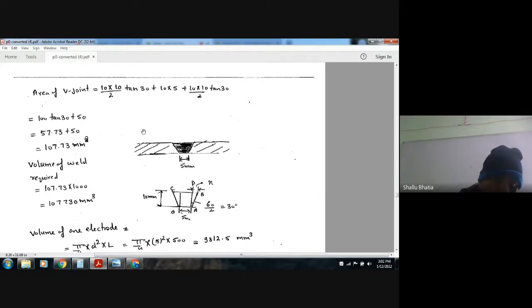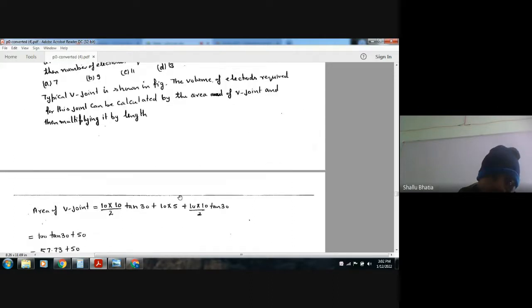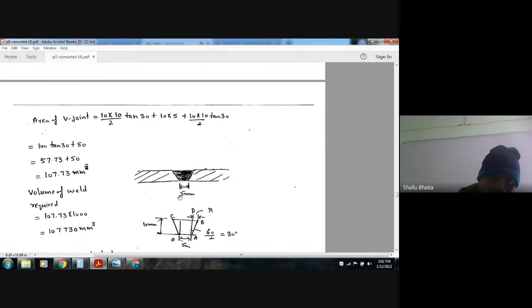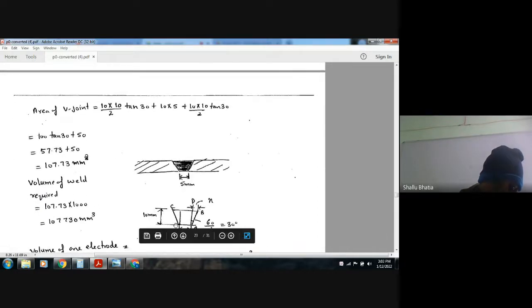This vertical dimension is 10, and as this angle is 30 degree, this will be 10 tangent 30 degree.